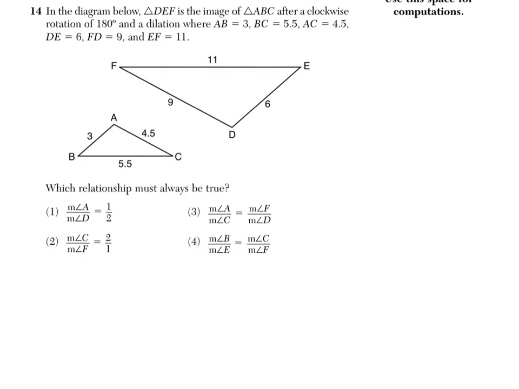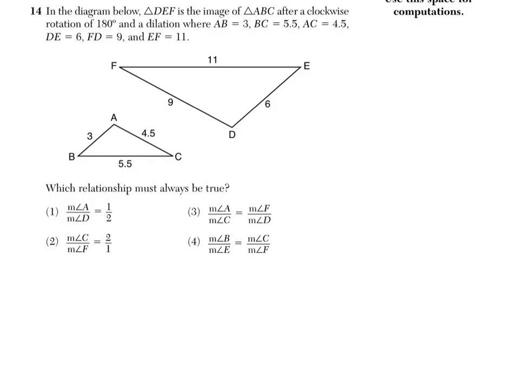Number 14. In the diagram below, triangle DEF is the image of triangle ABC after a clockwise rotation of 180 degrees and a dilation, where AB is equal to 3, BC is equal to 5.5, AC is equal to 4.5, DE is equal to 6, FD is equal to 9, and EF is equal to 11.